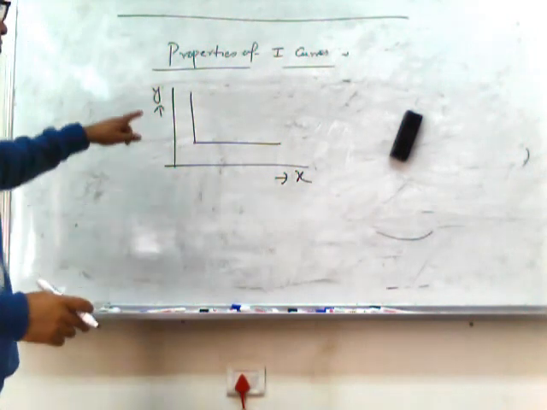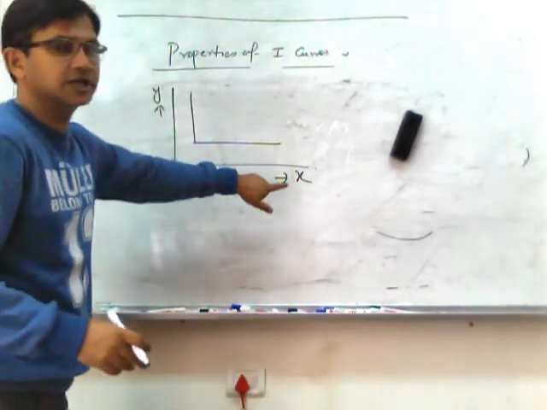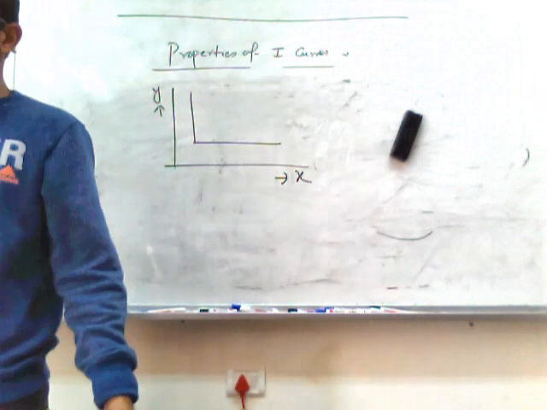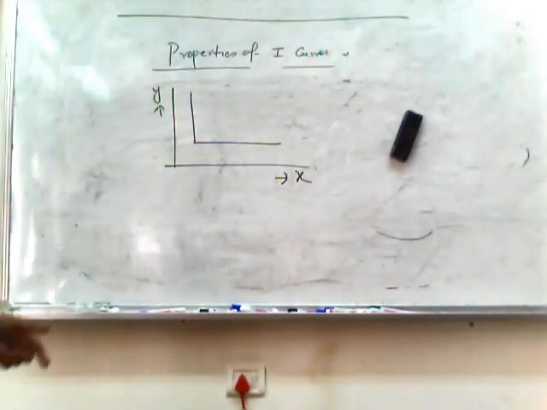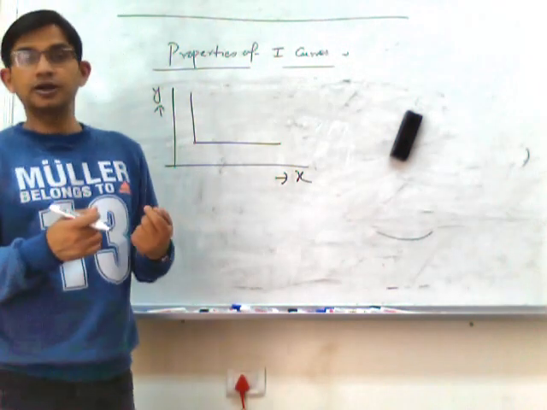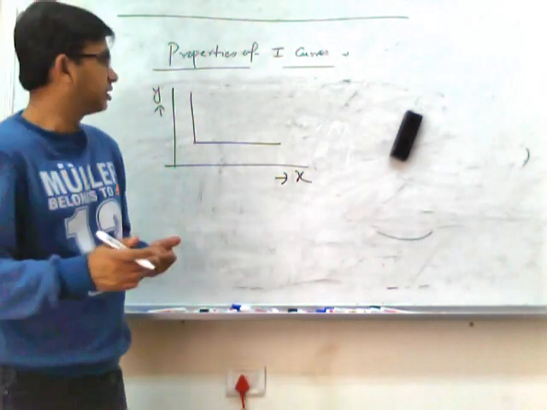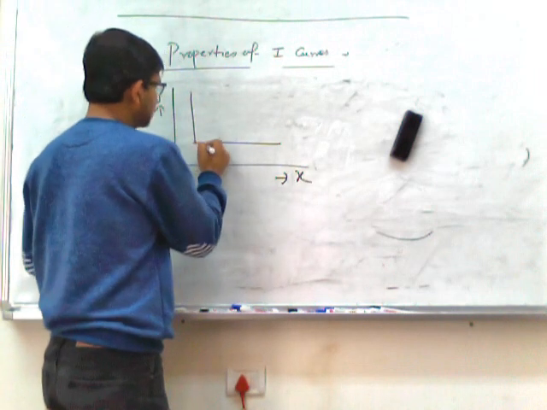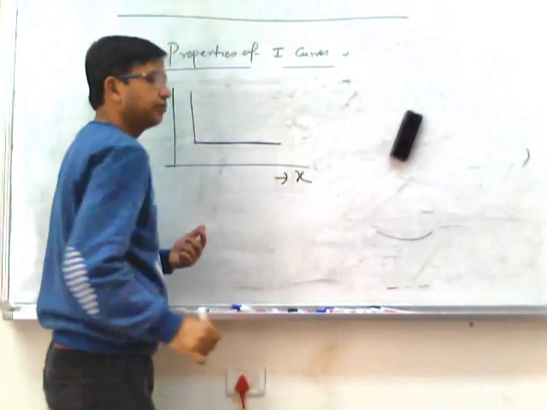So Y stands for sugar and X stands for tea. In each cup of tea, he takes 2 teaspoonsful of sugar. So even if his sugar increases, he takes 3 spoons of sugar, that will not increase his utility. So keeping Y unchanged, if we increase X, utility will not increase.